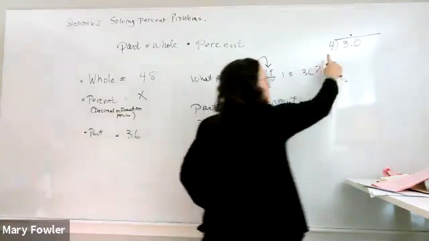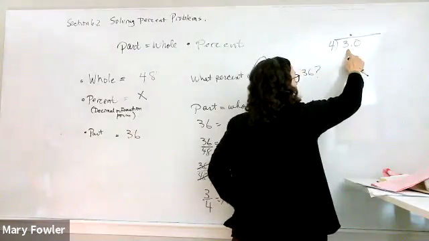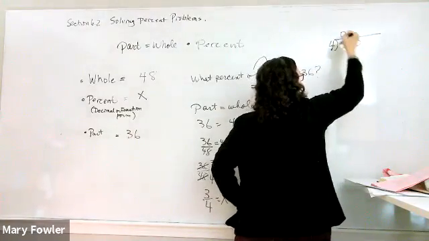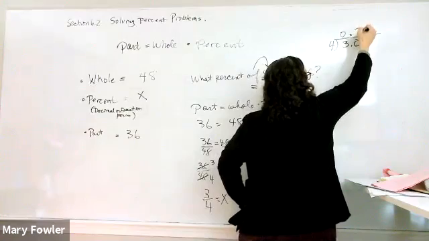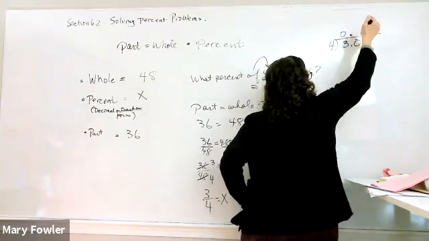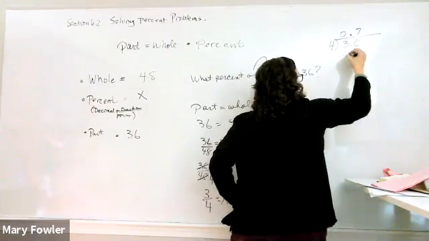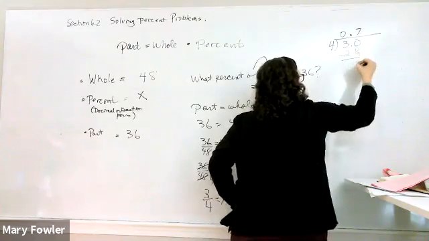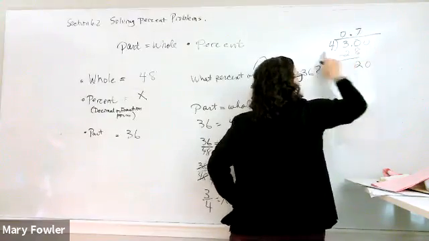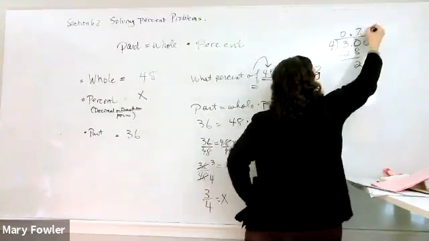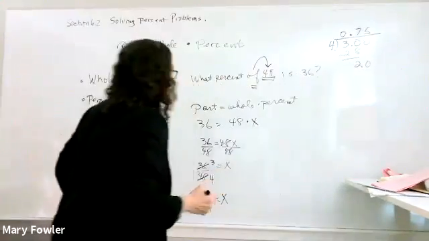So 4 does not go into 3, so we add a decimal, and 4 goes into 30 7 times. 7 times 4 is 28. We're going to subtract, bring down another 0. 4 goes into 20 5 times.